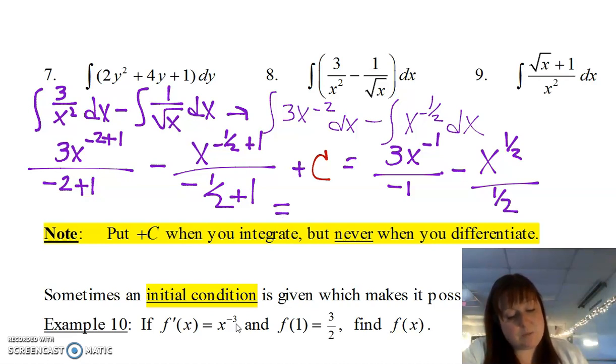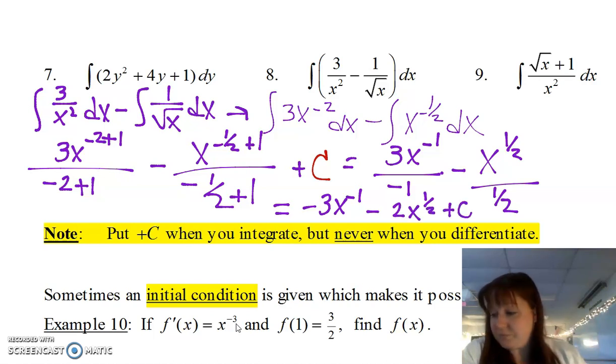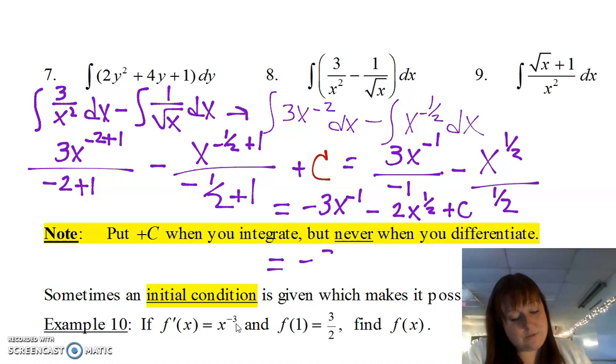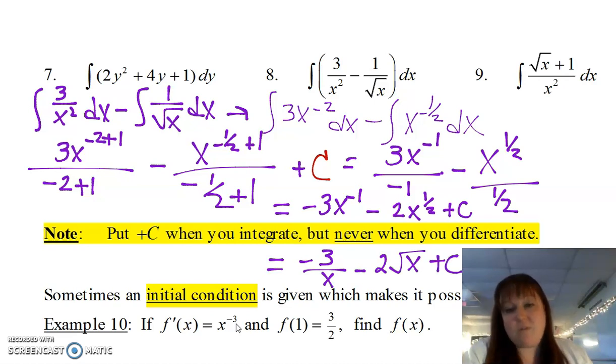So then we do some algebra and we get this as negative 3x to the negative 1 minus 2x to the 1/2 plus c. And you could rewrite that as negative 3 over x minus 2 root x plus c. You have lots of options there, but there you go.